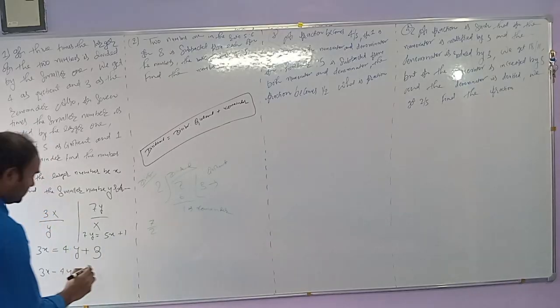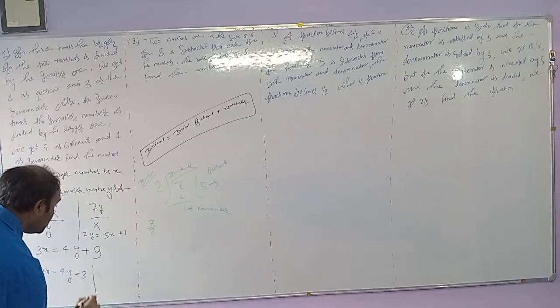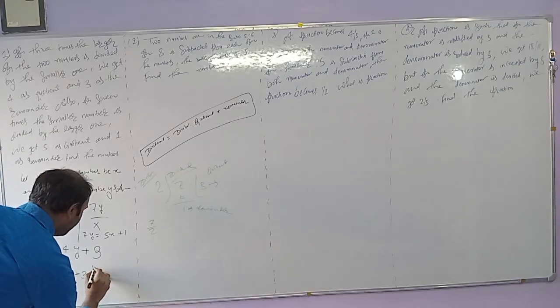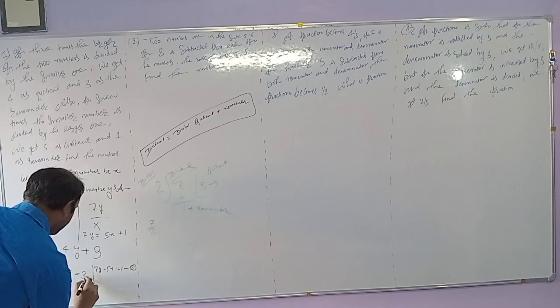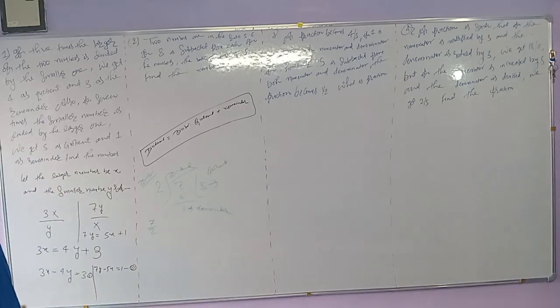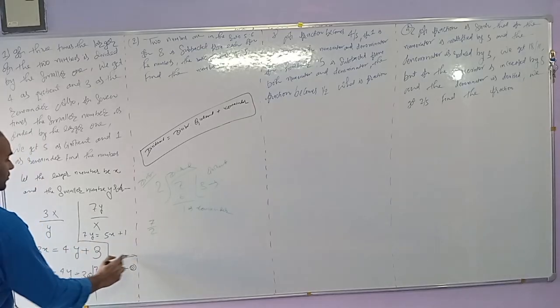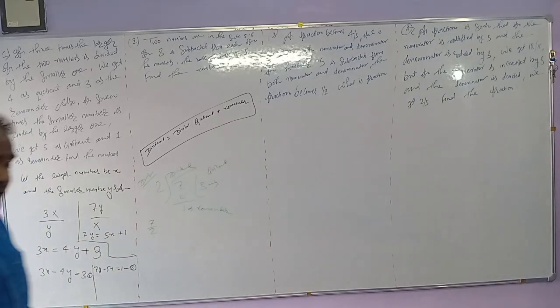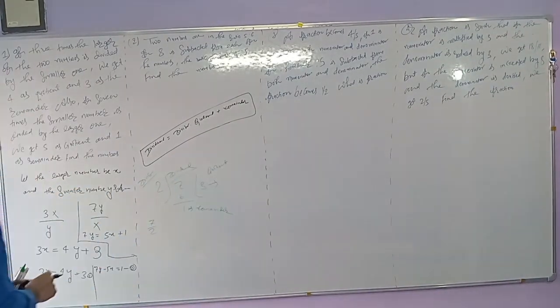That means we get 7y minus 5x is equal to 1, equation second and equation first. And comparing both the equations, we get the value of x and y. That is our larger number and smaller number.